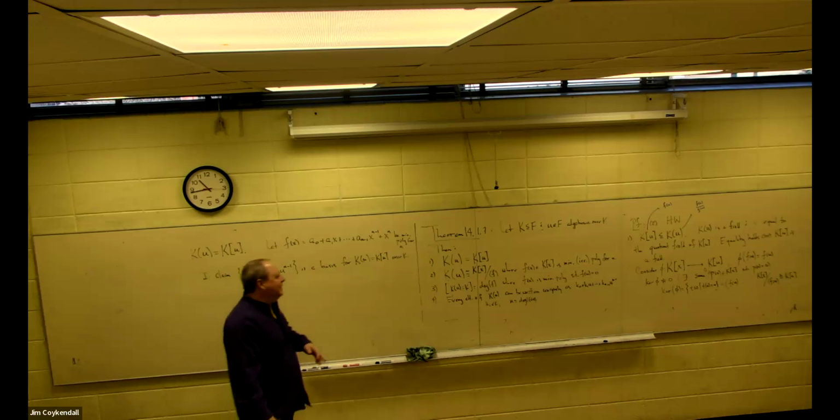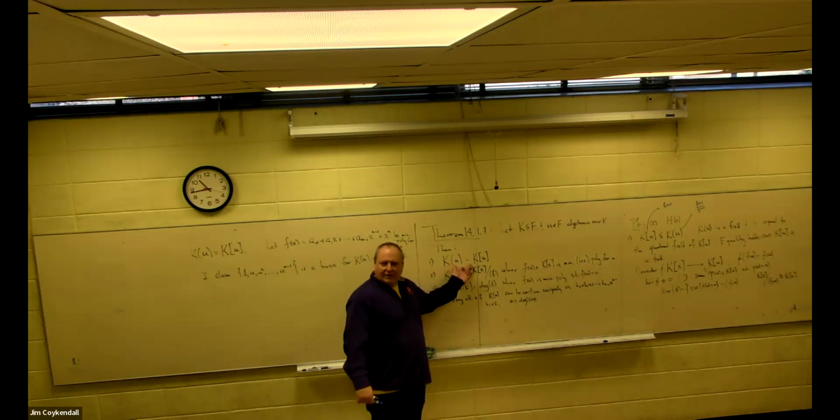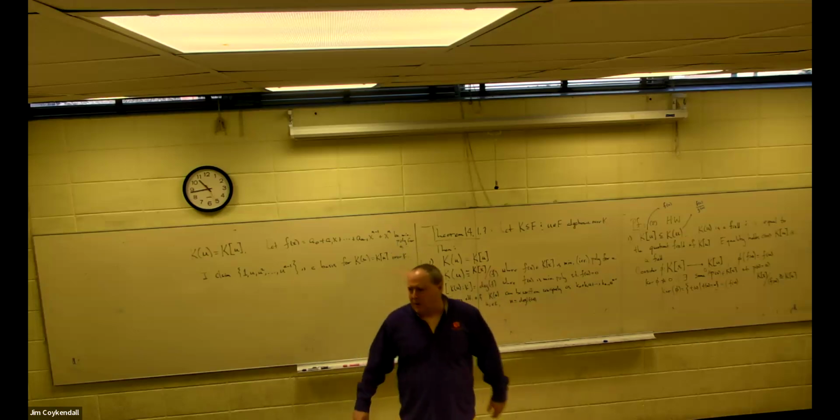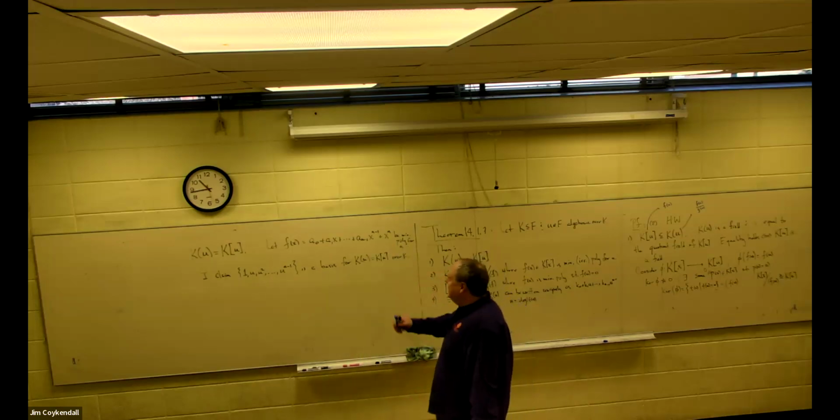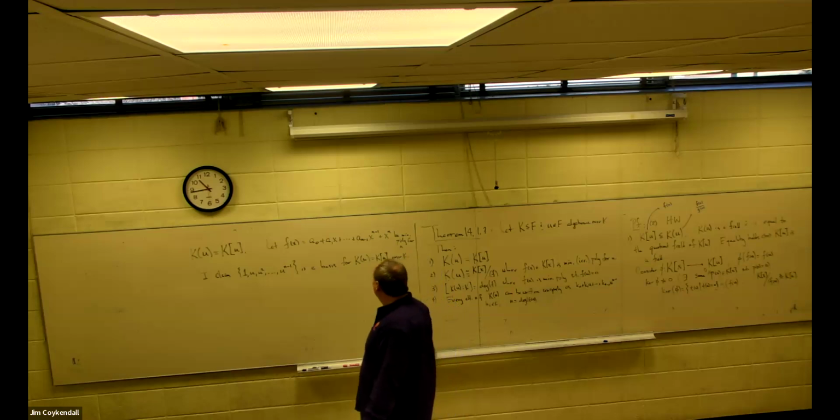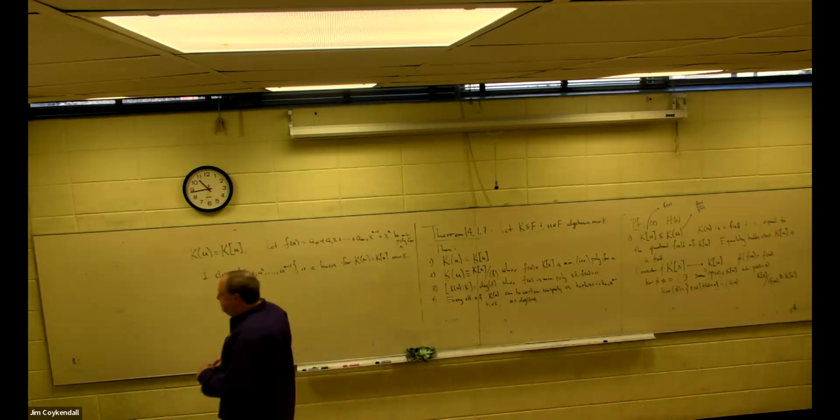Because here, I find this confusing because you have to write everything as a quotient of two polynomials in u, but what a mess. This means that basically you only have to concentrate on the powers of u, essentially. I claim that this is a basis for K(u) over K.